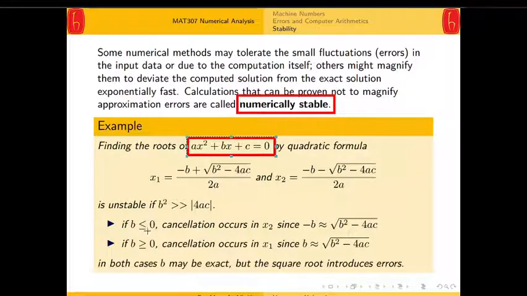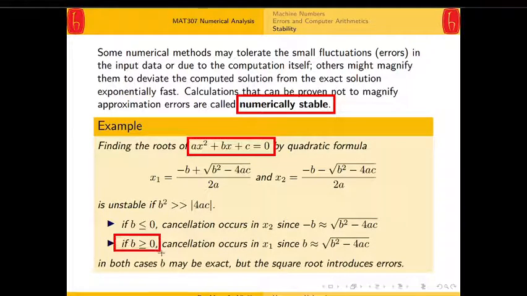If b is less than 0, the cancellation occurs in x2, since negative b is approximately equal to the square root of b squared minus 4ac, because 4ac is very small compared to b squared. So in x2 this will be basically equal to negative b, and with this being negative b, we will have x2 approximating to 0, even if it is not.